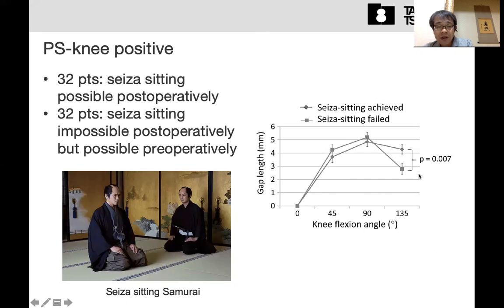The patients who could sit like this had a greater flexion gap compared to the patients who couldn't sit like this. So they say the greater flexion gap can act as a positive effect to get flexion angle even in the PS knee. So it is still controversial.